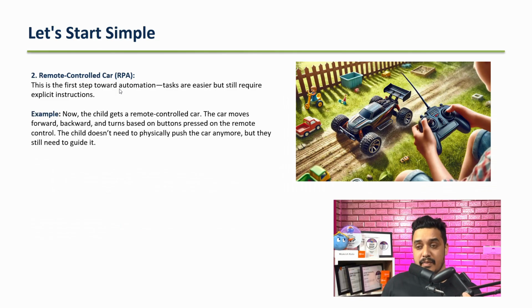Now the kid has got a remote control. If you want to move the car forward, you press the forward button. If you want to move it backward, you press the backward button. There are certain controls in this remote which the kid can now use to move the car here and there.